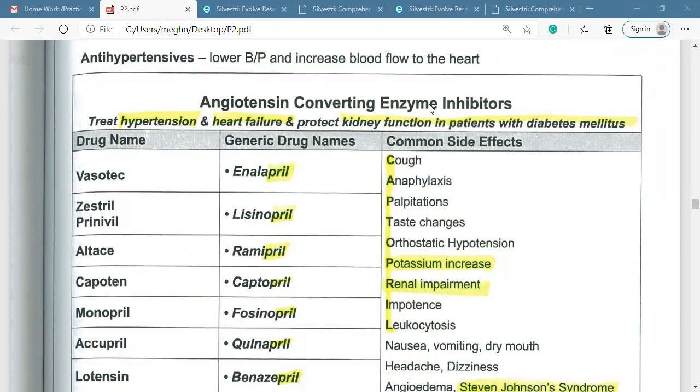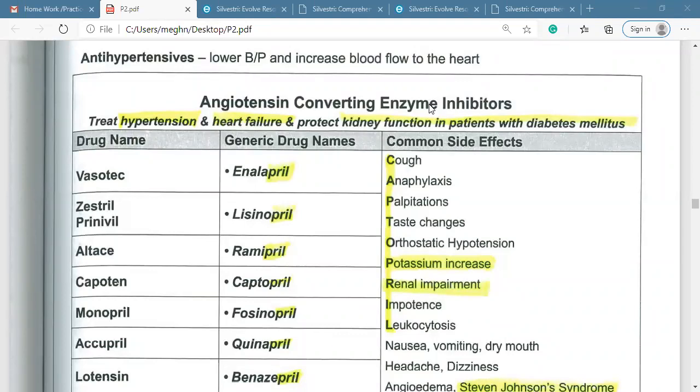The other drug is the angiotensin receptor blocker, okay, or shortly called ARB. So here I said angiotensin converting enzyme inhibitors are drugs that work on an enzyme.